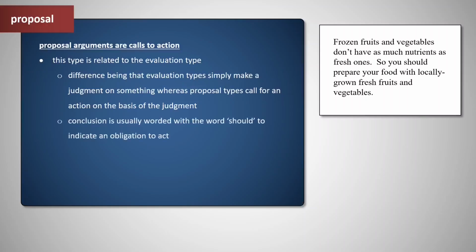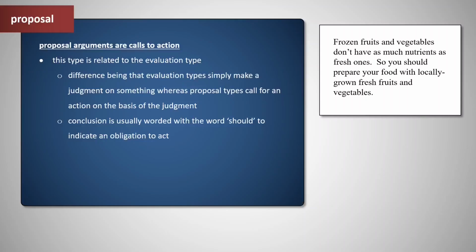Now, likewise with these, the conclusion is usually worded with the word should, as I just mentioned, you should do something, because that usually indicates an obligation to act. And we have that up here in our argument. You should prepare your food with locally grown fresh fruits and vegetables. So you want to be sensitive to that word. That lets you know, in all likelihood, that you're dealing with some sort of proposal argument, because that's what should means.